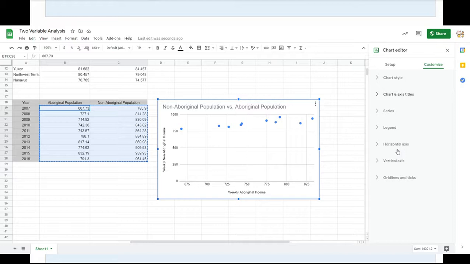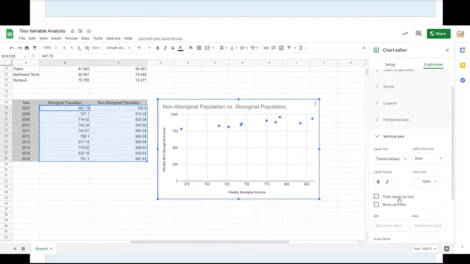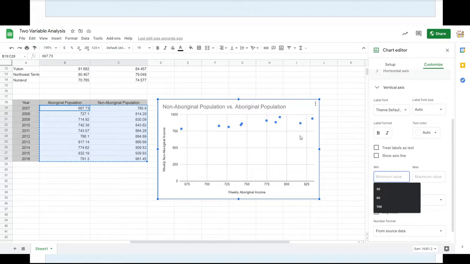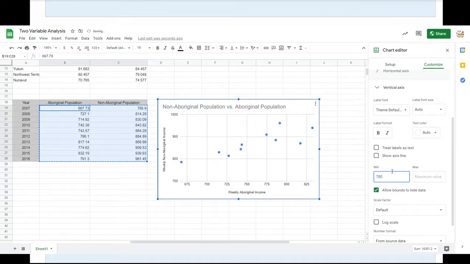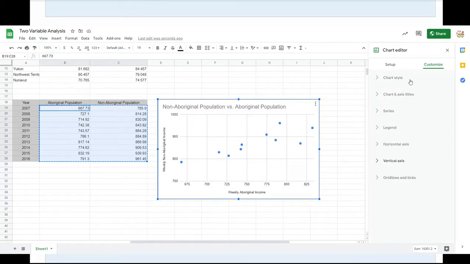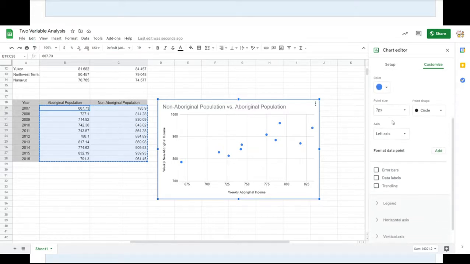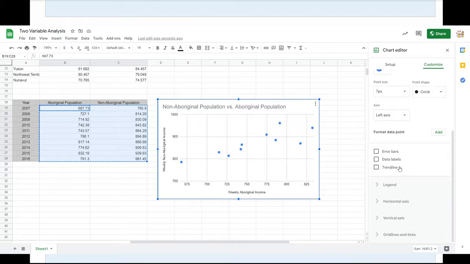I'm going to go to my vertical axis. And again, I'm going to adjust the minimum to bring this all down a bit, to zoom in. So I'm going to bring it down to, let's say, 700 as my minimum value, just to get a better view of the data. In order to get my trend line now, I need to go down to Series, and if I scroll down, I see a box that says trend line.